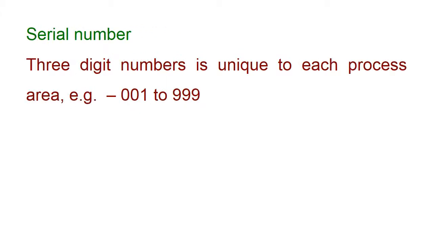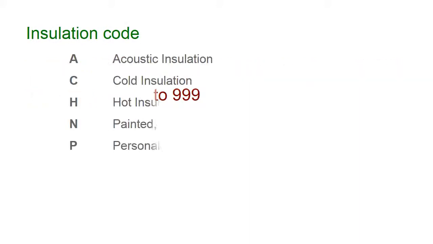Serial number: a 3-digit number, unique to each process area, for example 001 to 999. Insulation code: O, acoustic insulation. C, cold insulation. H, hot insulation. N, painted, no insulation. P, personal protection.